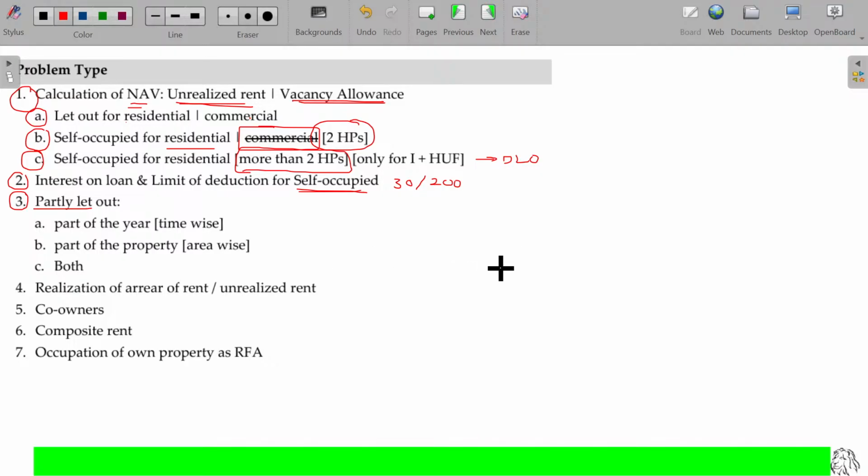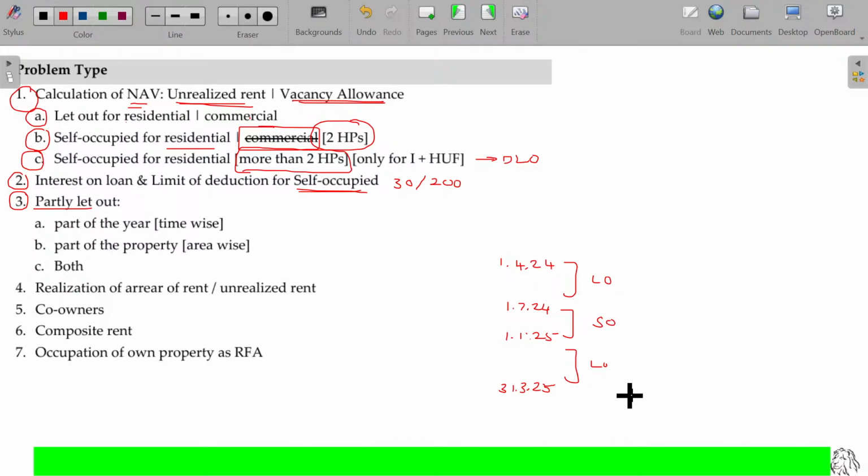So partly let out means 1/4/24 is the commencement of the previous year, ends on 31st March 2025, where from 1st July 24 to 1st January 25, this period it is occupied for residential purpose. This period let out and this period let out. So part of the year let out, part of the year self-occupied. Then how can we treat? This is called time-based let out. Is that okay?